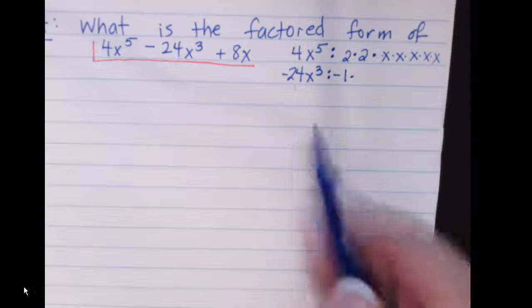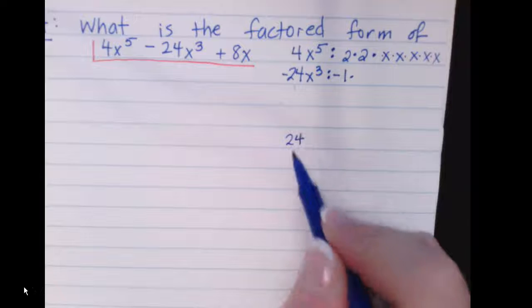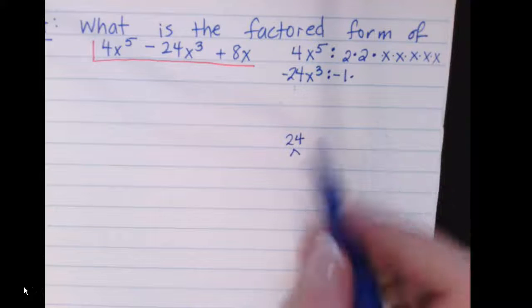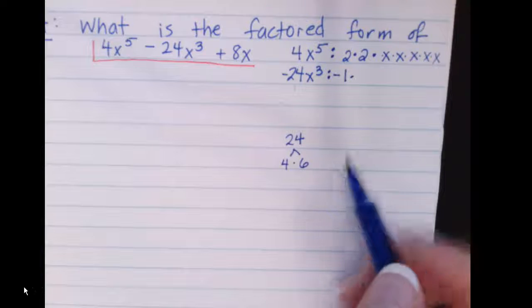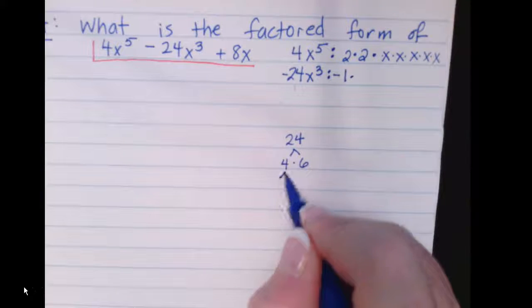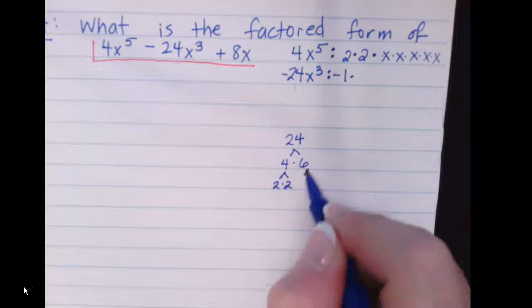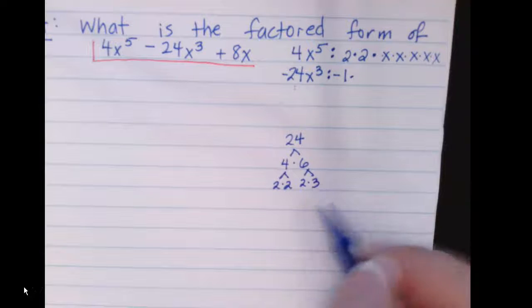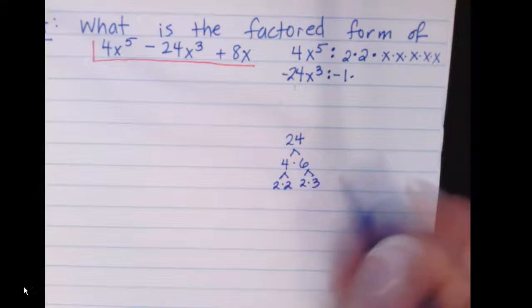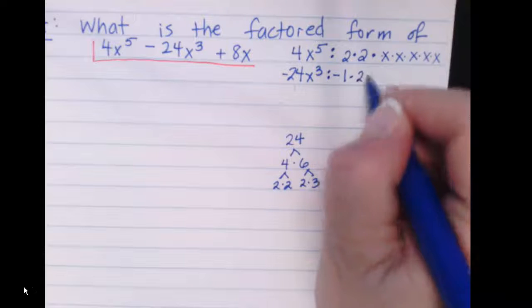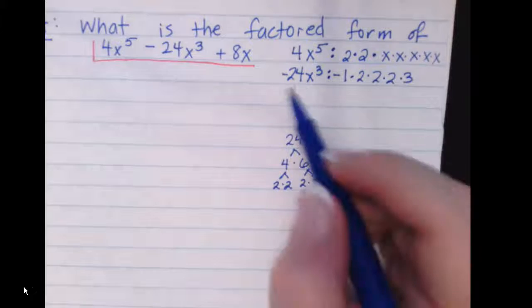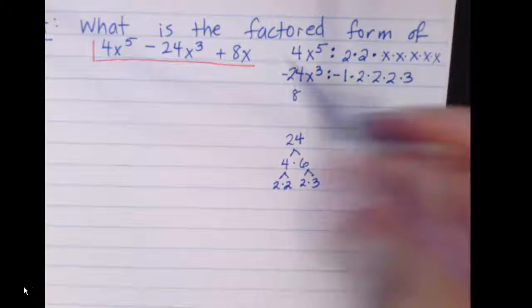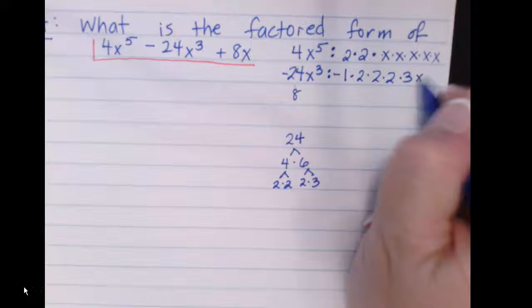Then I'm going to take a look at the factor tree of 24, and I'm just going to break it out any old way that I can. So 4 times 6, then keep breaking those down until I can't divide anymore. So here I've got the factored form, which is 2, 2, 2, and 3. Oh, I forgot my x cubed, so there's going to be 3 x's.